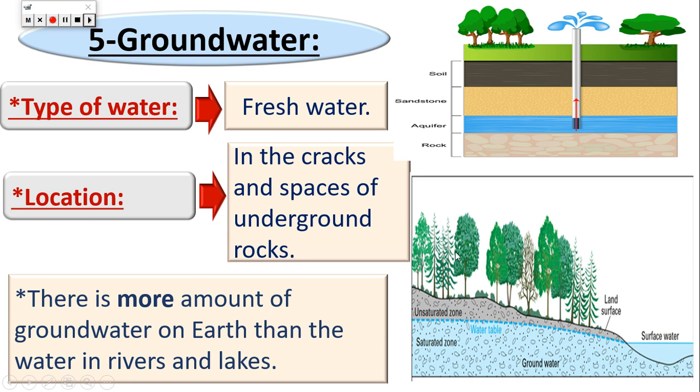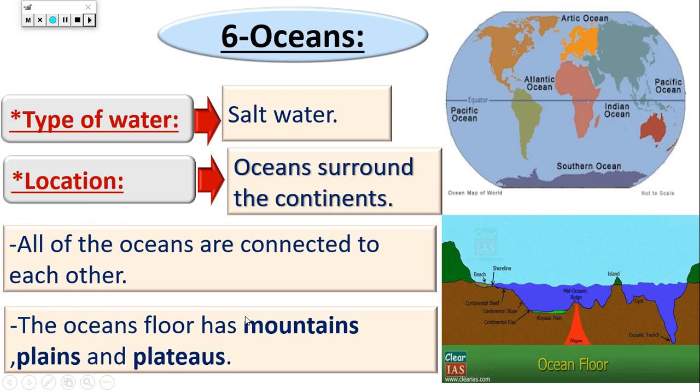When there is a space between two underground rocks inside the Earth, this space is filled with water, so we call this water groundwater. And there is an important note: there is more groundwater on Earth than in rivers and lakes.